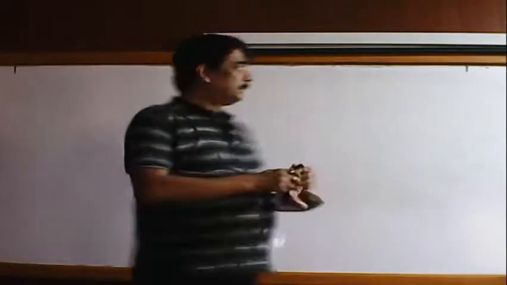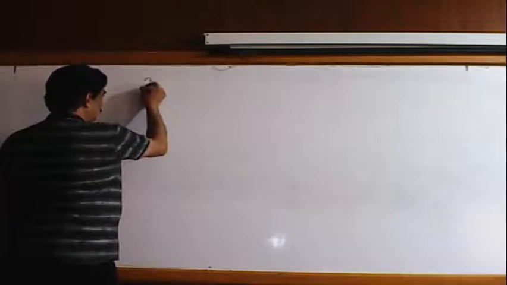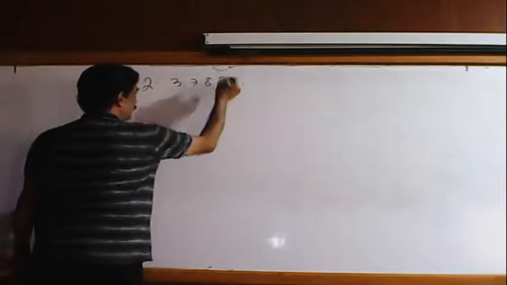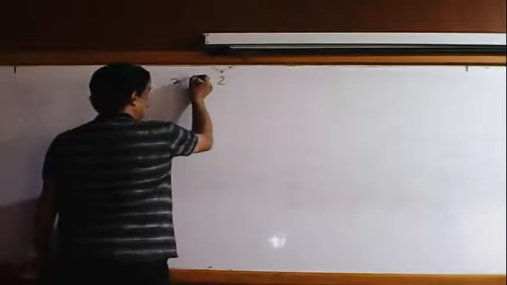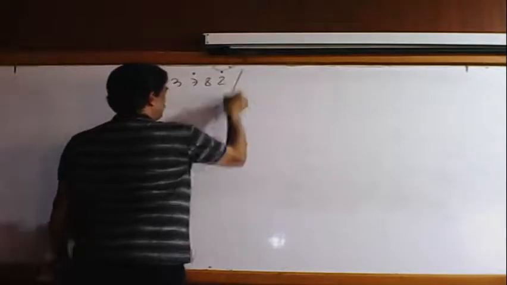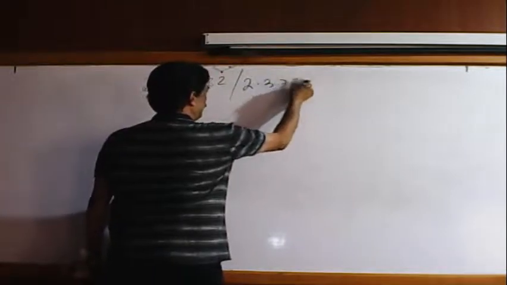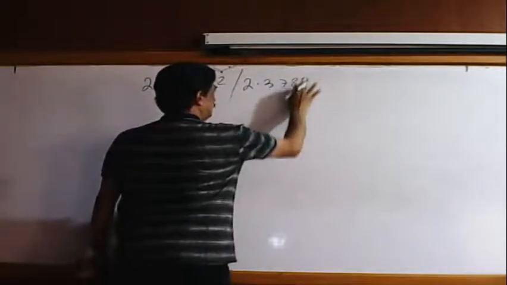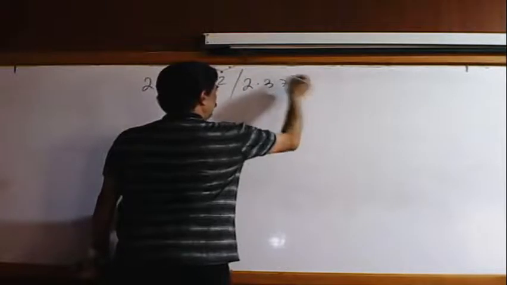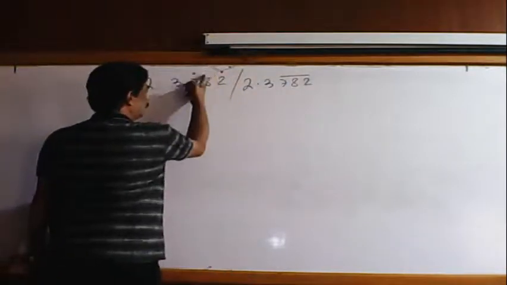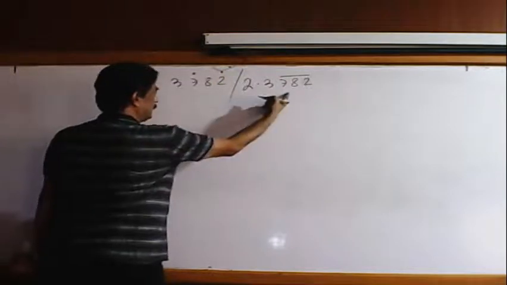Next part, observe very carefully. 2.3782 recurring, or they can give it this way, 2.3782 recurring. Remember this recurring means this part is also under recurring. Or they can give it in this way.